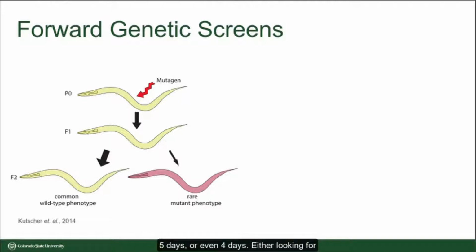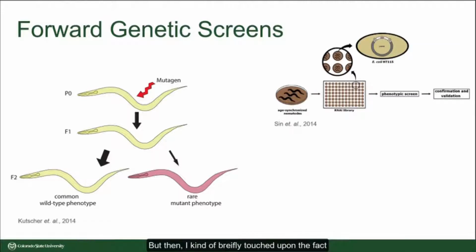And then you're looking for either the absence of a phenotype or potentially the presence of some other phenotype. And then again, you can keep these guys going, you can send them off for sequencing and see what's different. But then I briefly touched upon the fact that RNAi is strong in C. elegans, and all you have to do is feed them double-stranded RNA, and it works just as good.